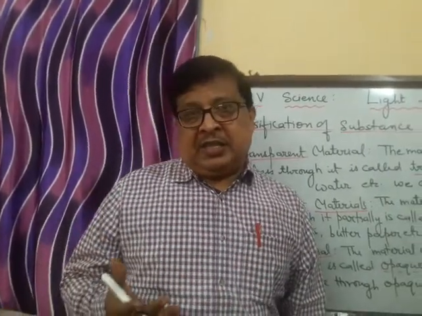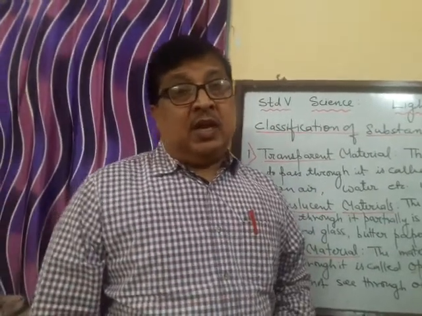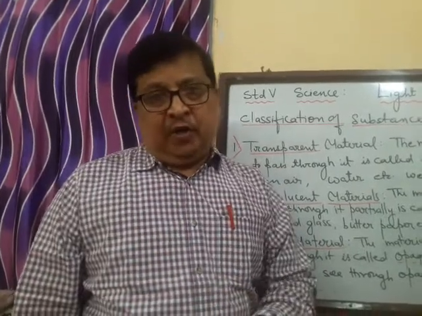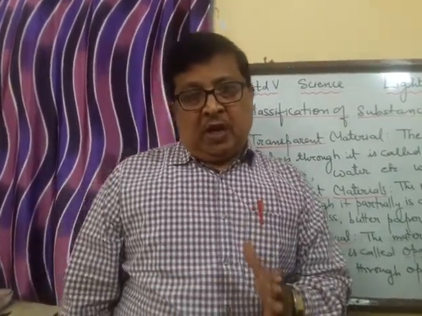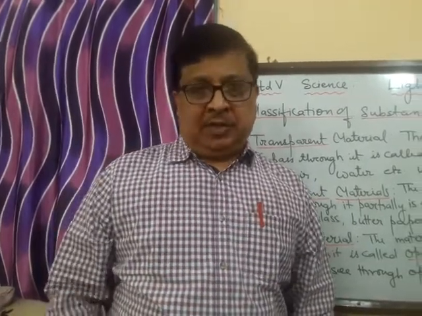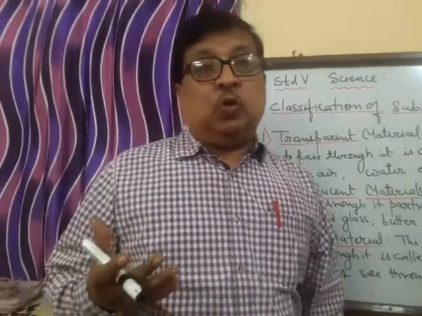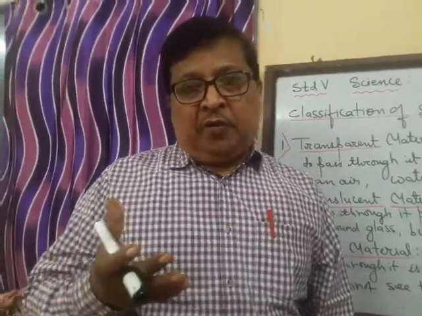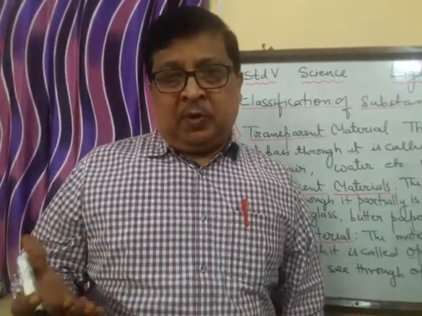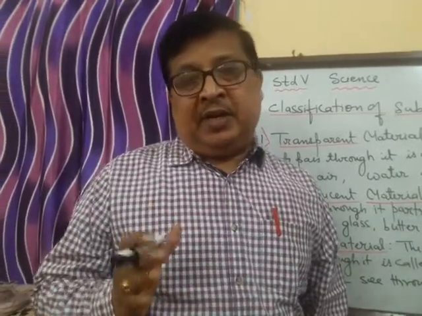Next, translucent materials. The material which allows light to pass through it partially, not fully, is called a translucent material. Examples are butter paper and ground glass. Very often you have used tracing paper to copy something, so tracing papers are also translucent materials.